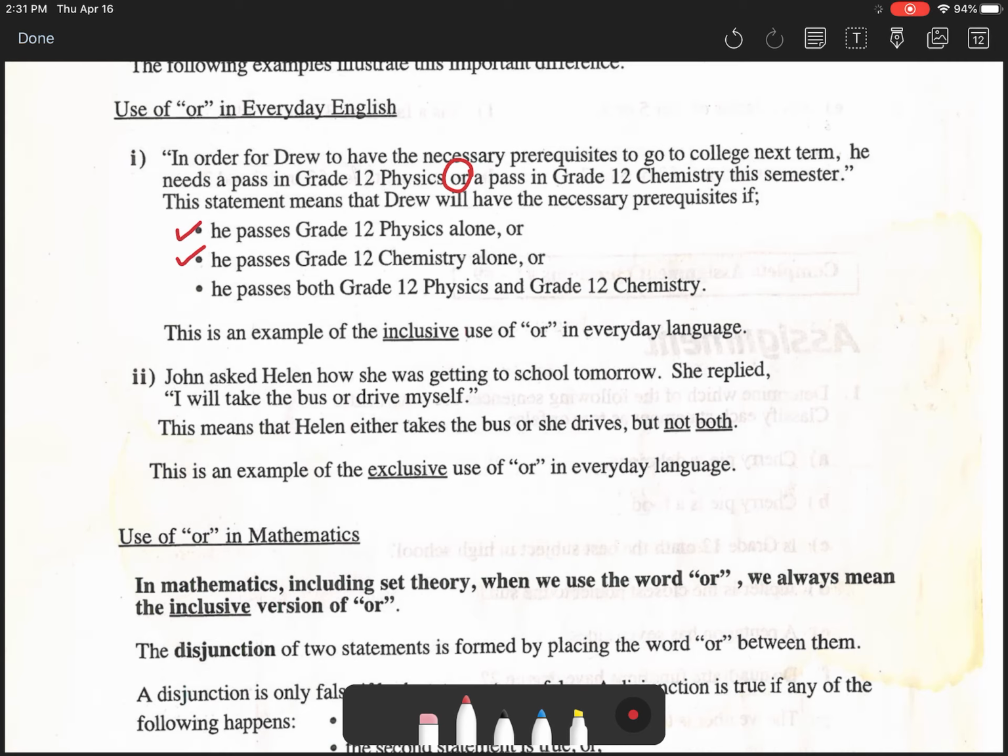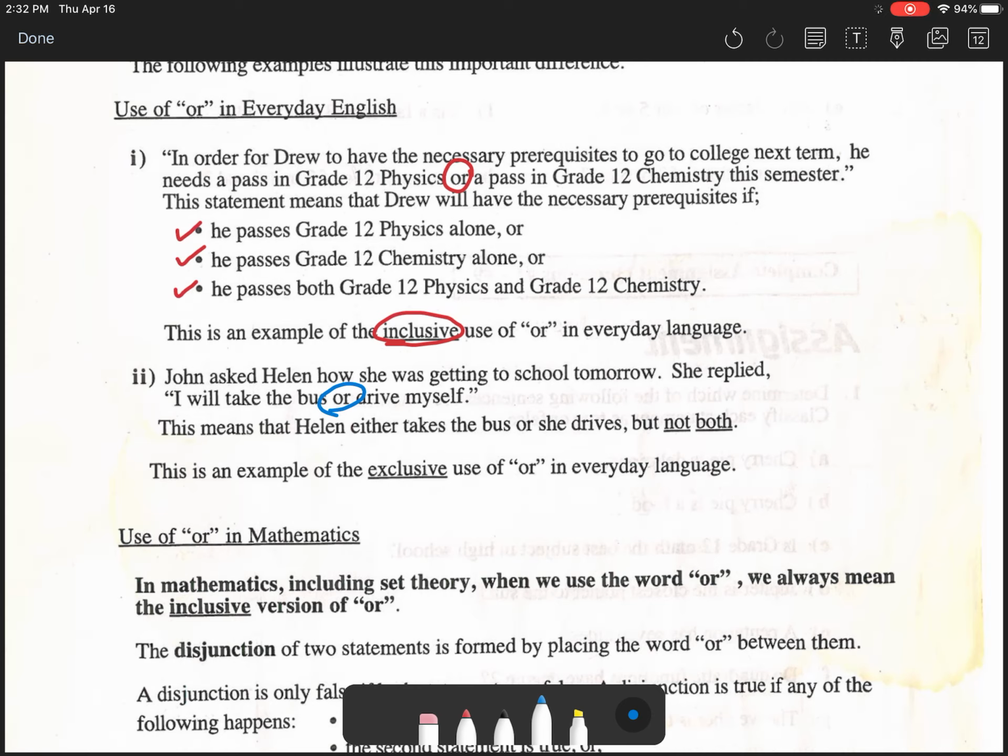This statement means that he will have the prerequisites if he passes just grade 12 physics, or he passes just the chemistry, or if he passes both. If any of those three scenarios occur, he passes. This is what we call the inclusive use of or in everyday language.